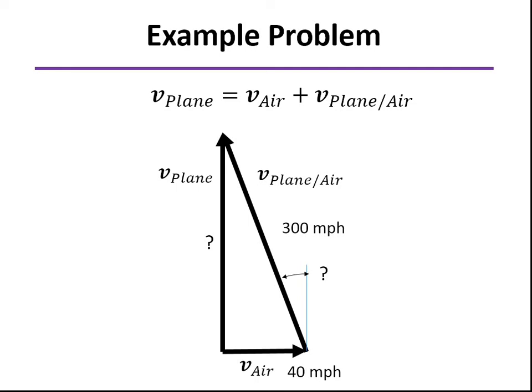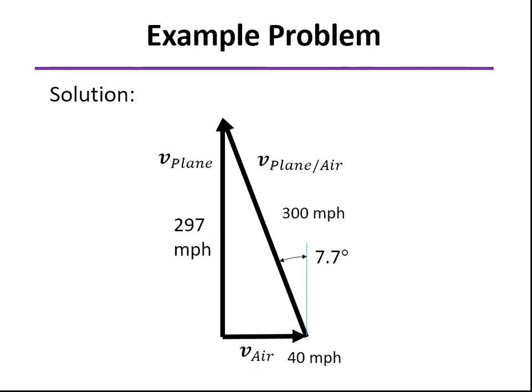So using the law of sines, law of cosines, we can solve for those two unknowns and find out we have to fly at about 7.7 degrees to the west, again, because the wind is blowing you from west to east. And so the actual speed going from south to north is reduced a little bit from the 300 down to 297 because again part of the speed is just to counteract the 40 mile per hour wind.